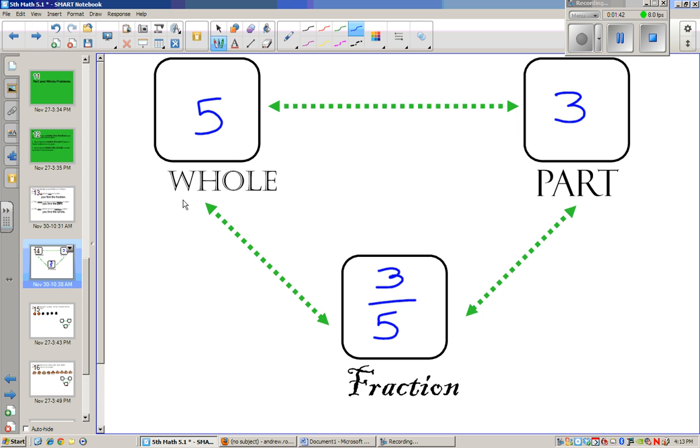The whole is 5. The part is 3. So the fraction is 3/5. Another way to think about the whole is this is the denominator. This is the numerator.